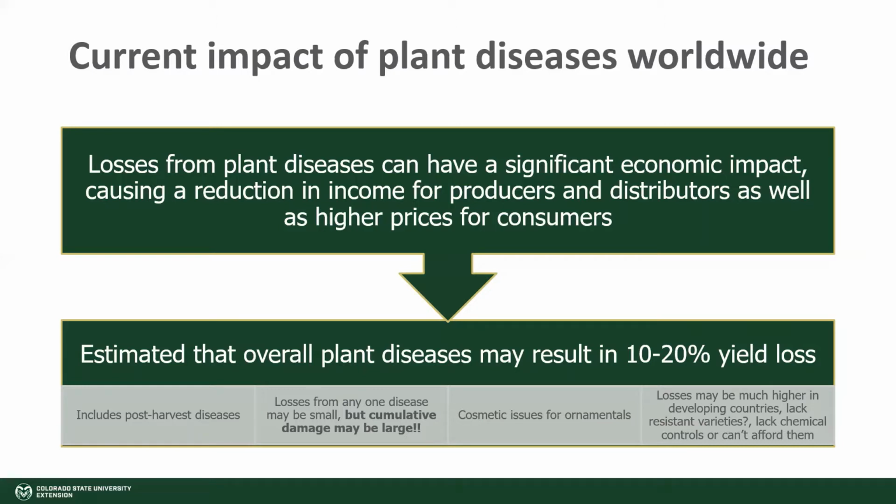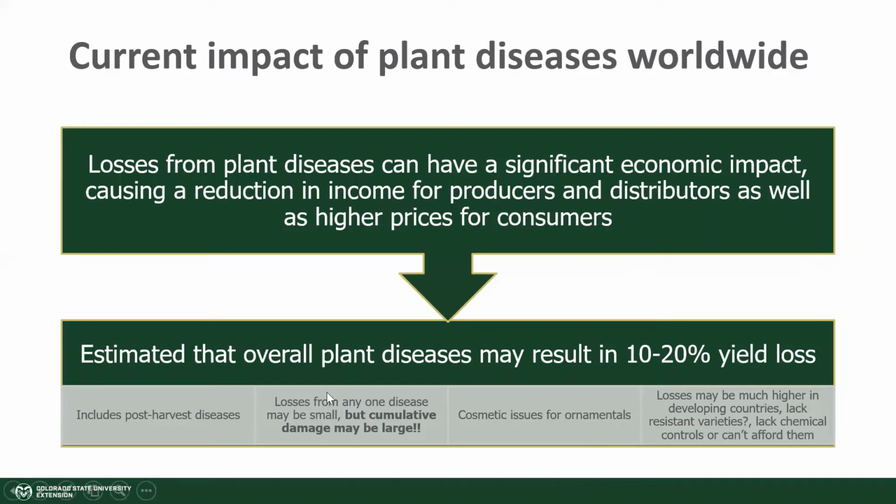It is also important to consider that the estimated overall losses from plant diseases are between 10 to 20% of yield. So in any given year, you will get a certain amount of produce, or in the case of gardeners, flowers or vegetables, just by having a disease there will be 10 to 20% yield lost.